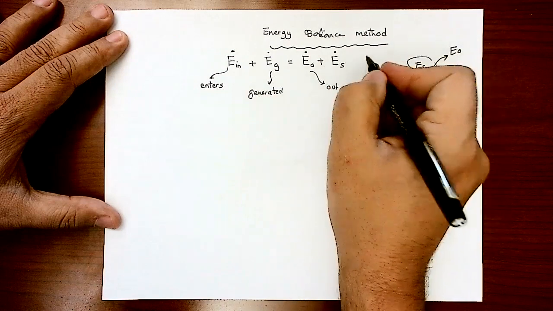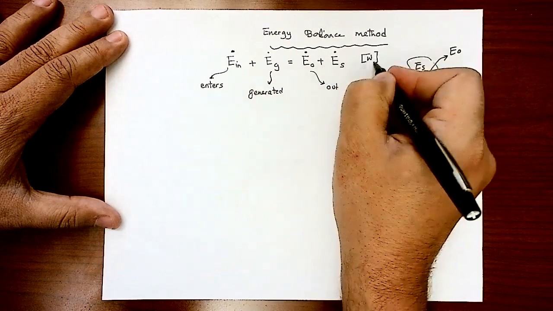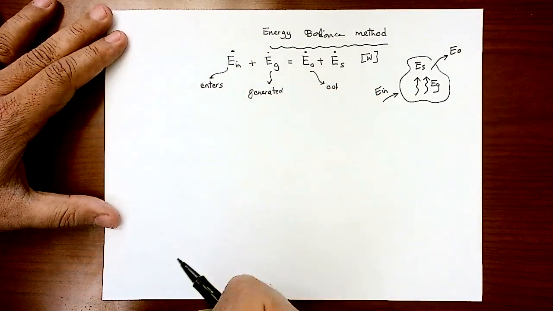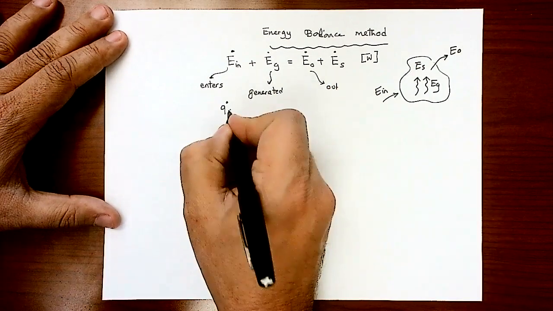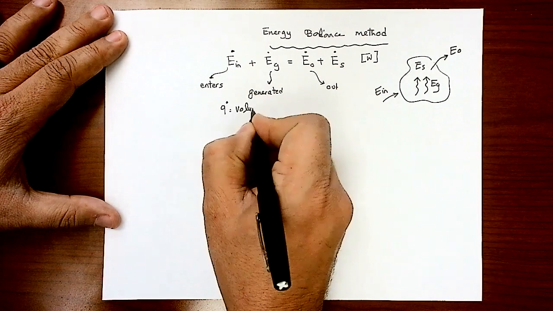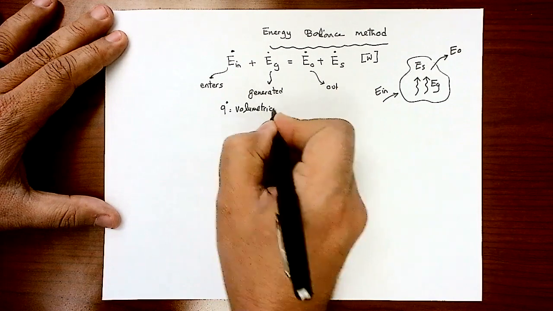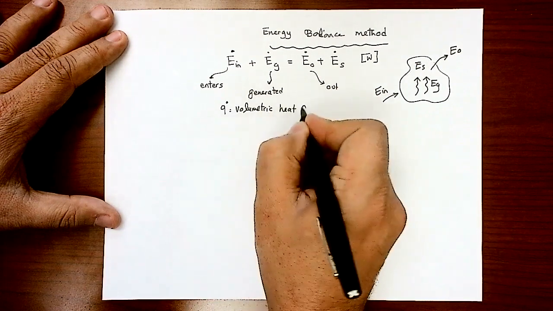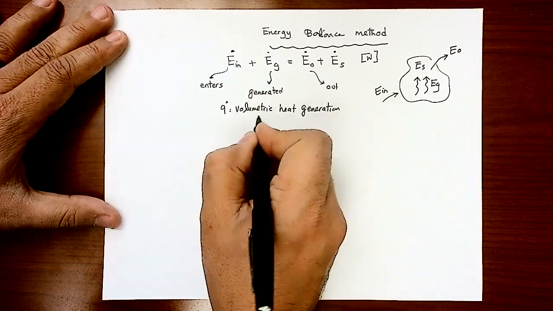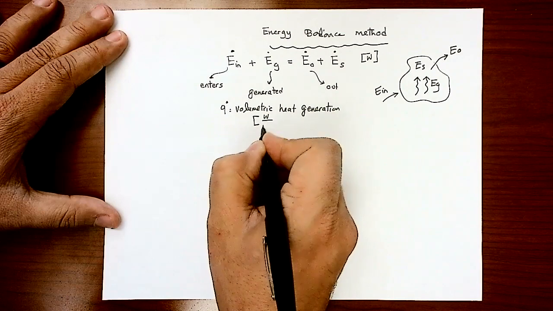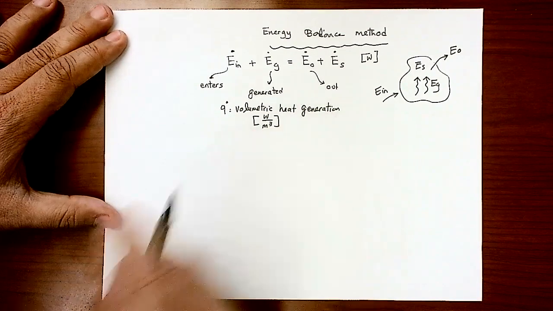Again, each one of these has a unit of watts. And we mentioned in a previous example the Q dot, which is known as the volumetric heat generation or the heat generation source. Q dot usually comes with the unit of watt per meter cubed. That's why we call it volumetric heat generation.